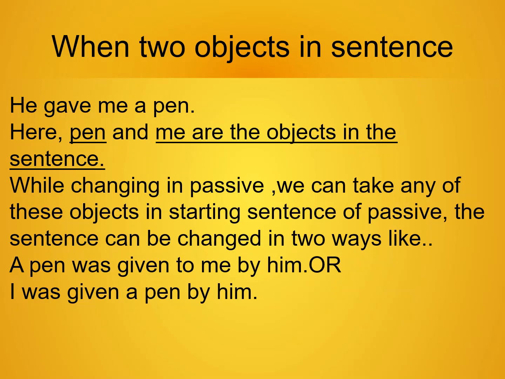Like, a pen was given to me by him, or I was given a pen by him. Means a pen can also be at the beginning of the sentence. This is also correct. Or I can also be at the beginning of the sentence. This is also correct.